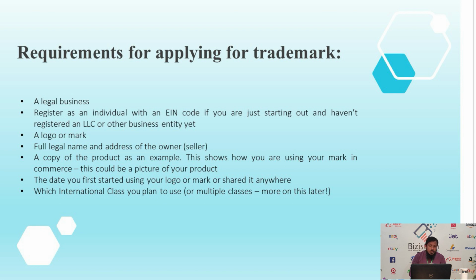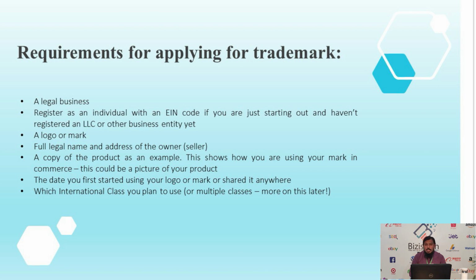and the next is the full legal name and address of the owner. If you are going to register the trademark manually, individually, then your name and your address will be used here. And if you are going to register your trademark with a company, then your company name and the business address will be used here. The next requirement is for people who are already using the mark in the e-commerce field.